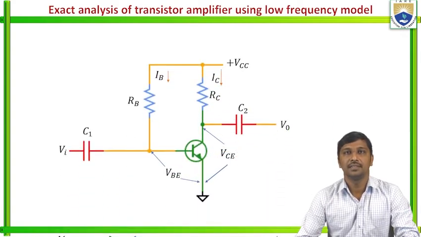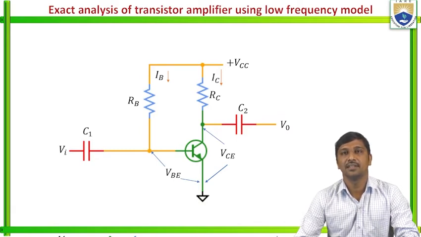So let us consider, and we know that by using the transistor we can configure three types of configurations. One is common base configuration, common emitter configuration, and common collector configuration. Based on the current gain, we identified that the common emitter configuration is the best configuration to design an amplifier.